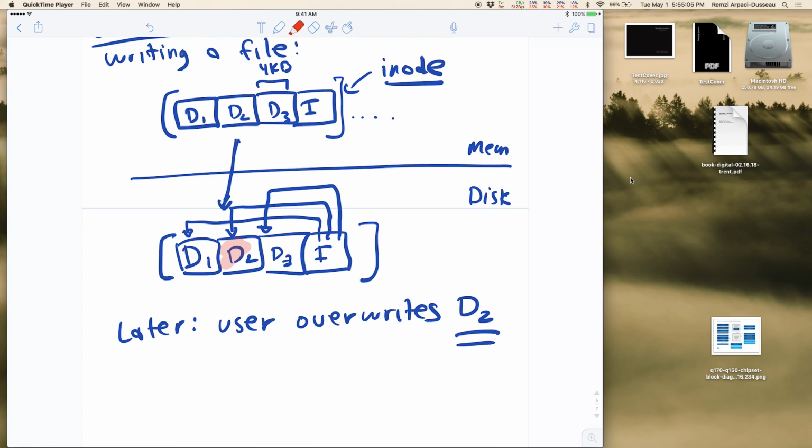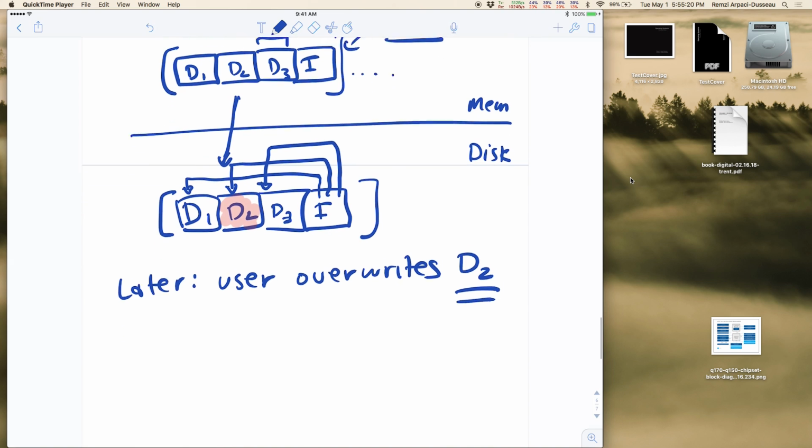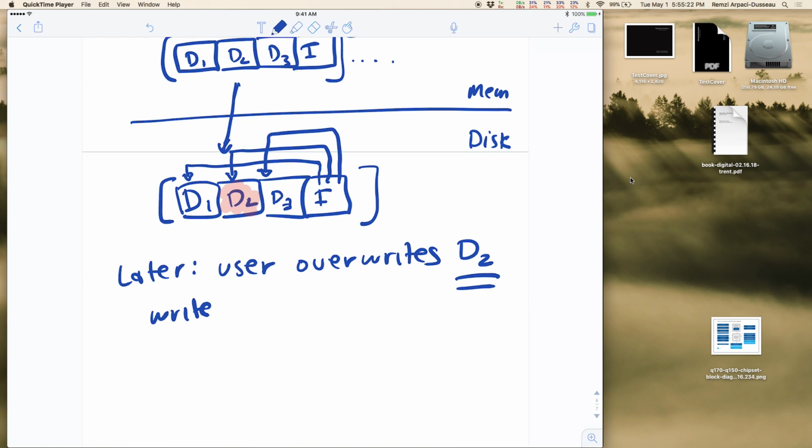Let's say later we want to overwrite this. In a traditional file system, which we would call a write-in-place file system, like every file system we've talked about so far, what we would do is simply, when somebody wants to write D2, maybe call it D2 prime, we would just update it in place.